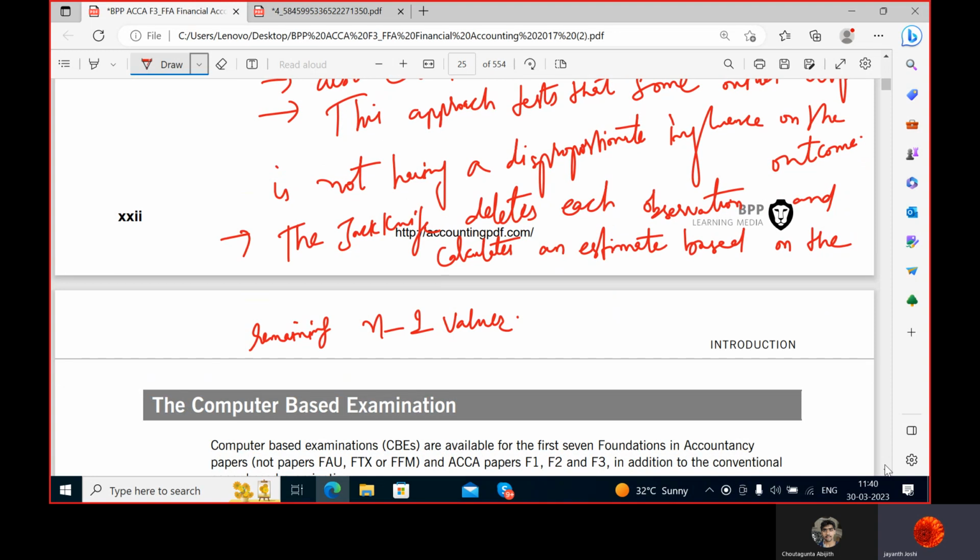Now it uses this collection of estimates to do things like estimate the bias and the standard error.